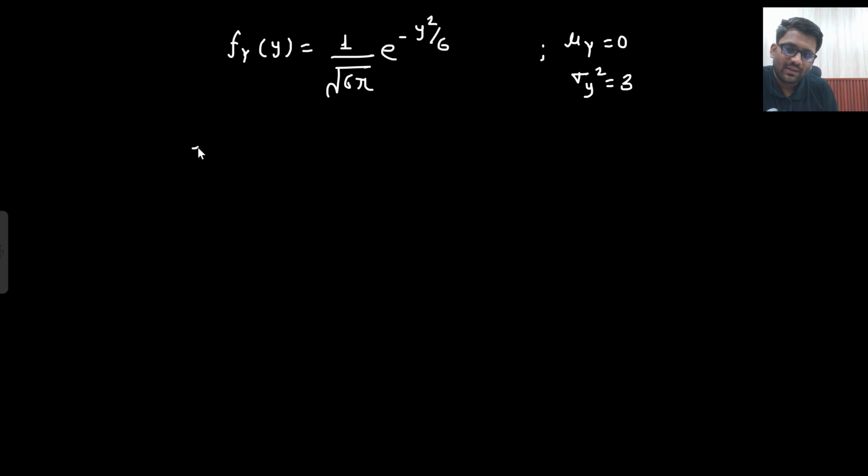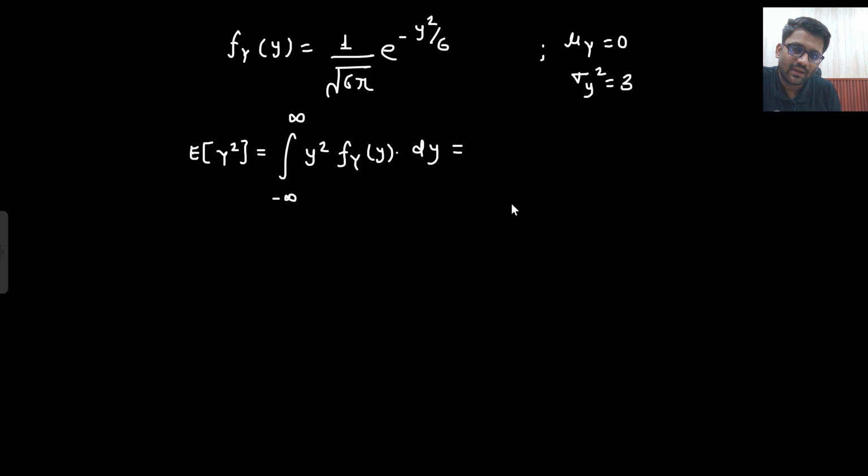Now you know that the expectation of y square would be the integral from minus infinity to infinity, since it goes from minus infinity to infinity, of y square into fy of y dy, and that would be equivalent to sigma y square plus mu y square.